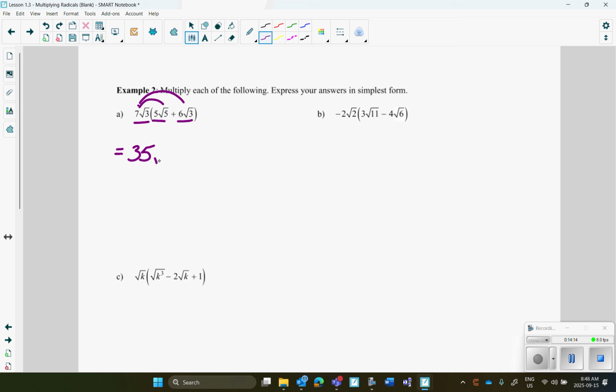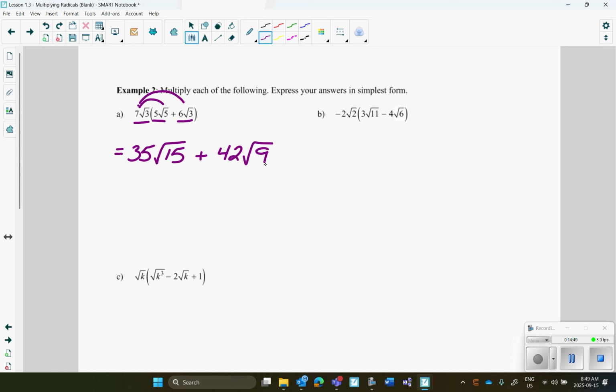35 root 15. Good. Plus 7 root 3 times 6 root 3. 42 root 9. Now I have to see if I can do anything with these radicals. Is there a highest perfect square that goes into 15? No. Can I simplify root 9 or take it exactly?